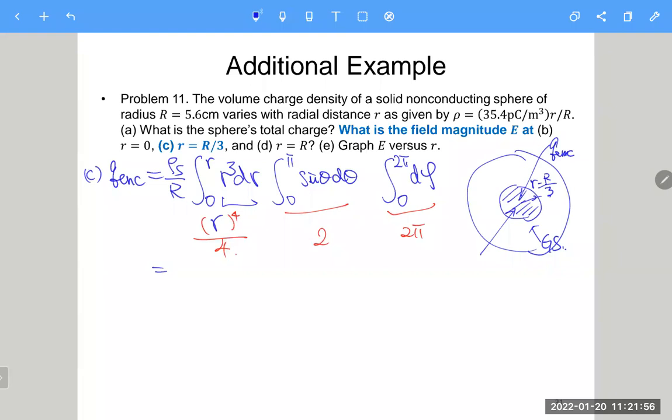This is rho s, this is r to the fourth power, and then this 4 and this 4 will be cancelled, and then we still have pi over capital R like this.